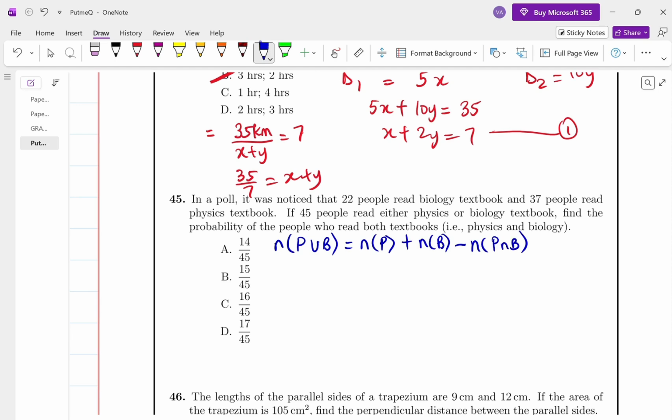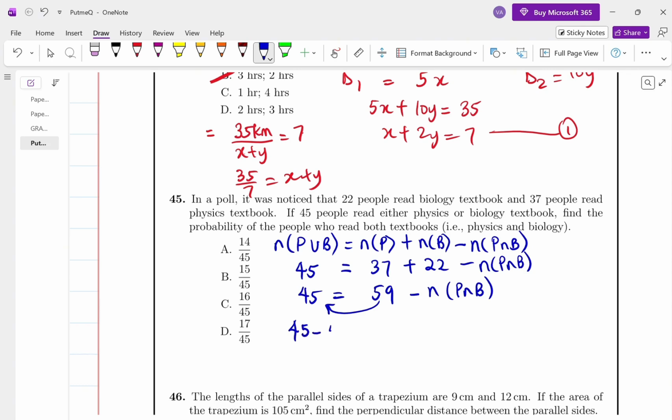So this means that 45 is equal, physics is 37, biology is 22. So we need the number of those that read physics and biology. So this will be 45 equal 37 plus 22. That should give 59 minus the number of those that read physics and biology. So I'm going to take this 59 to the other side.